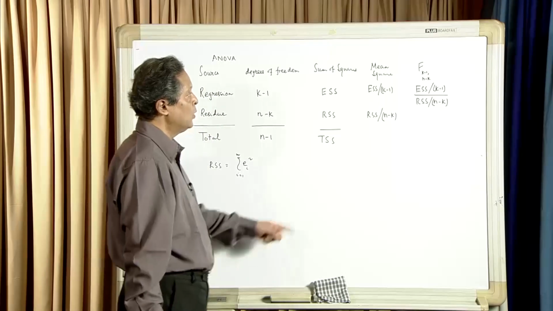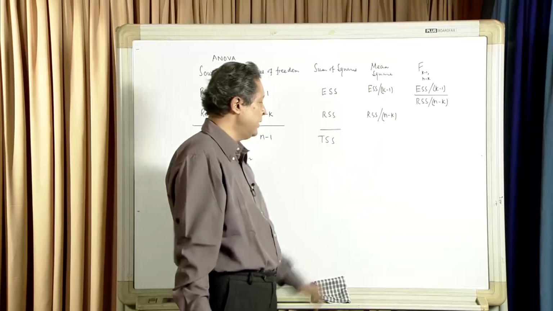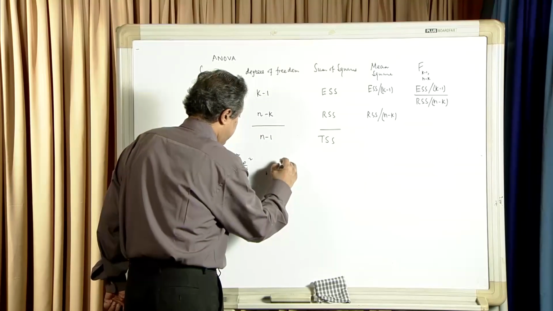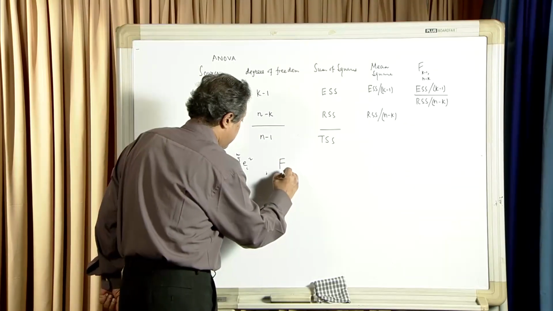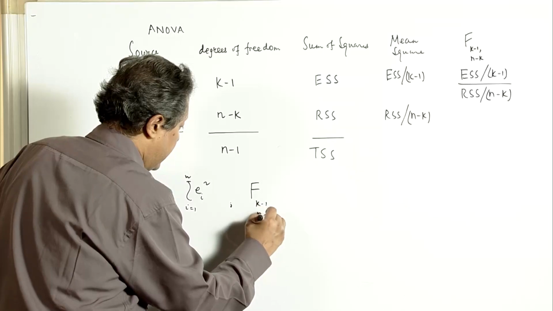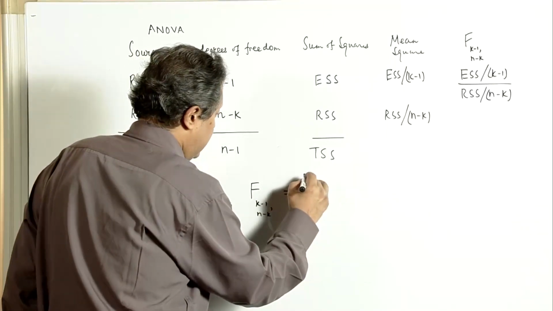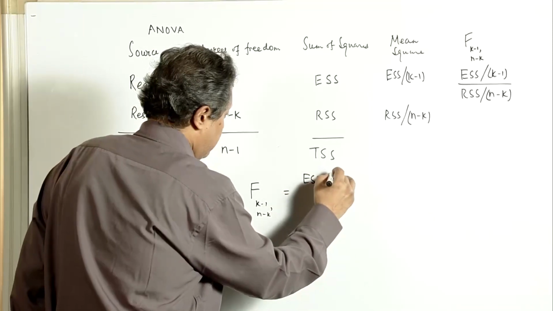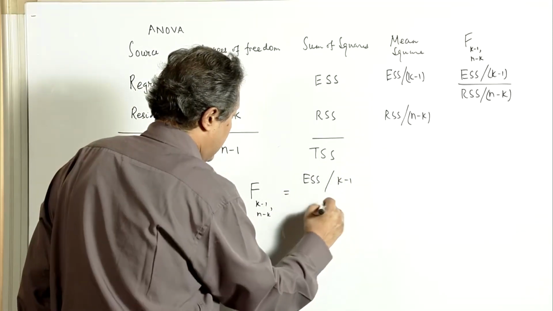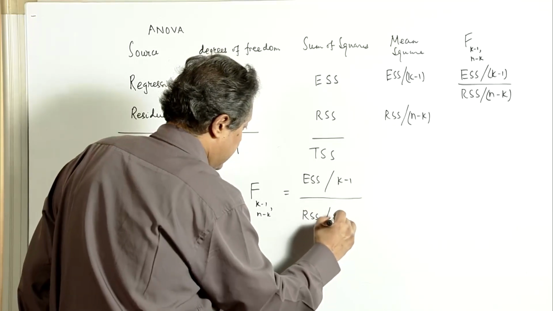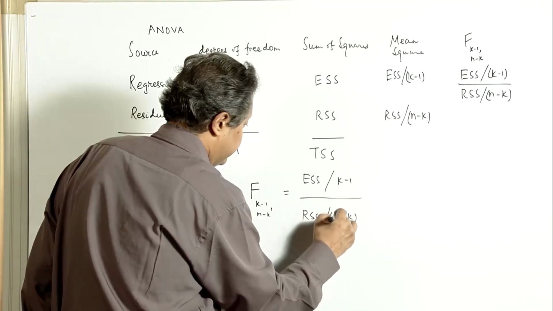It is interesting to look at the F statistic in a greater detail. So, we write F with k minus 1 and n minus k degrees of freedom is equal to ESS by k minus 1 divided by RSS by n minus k.